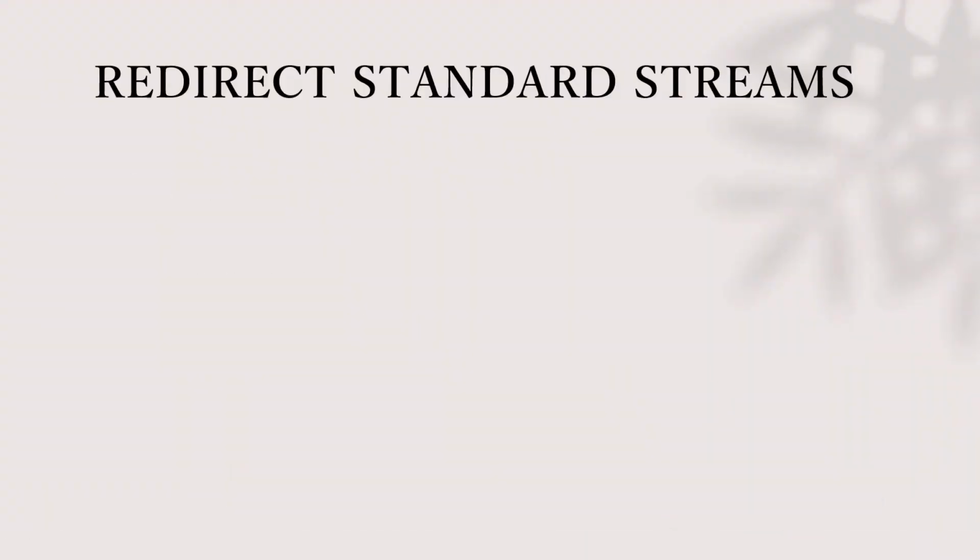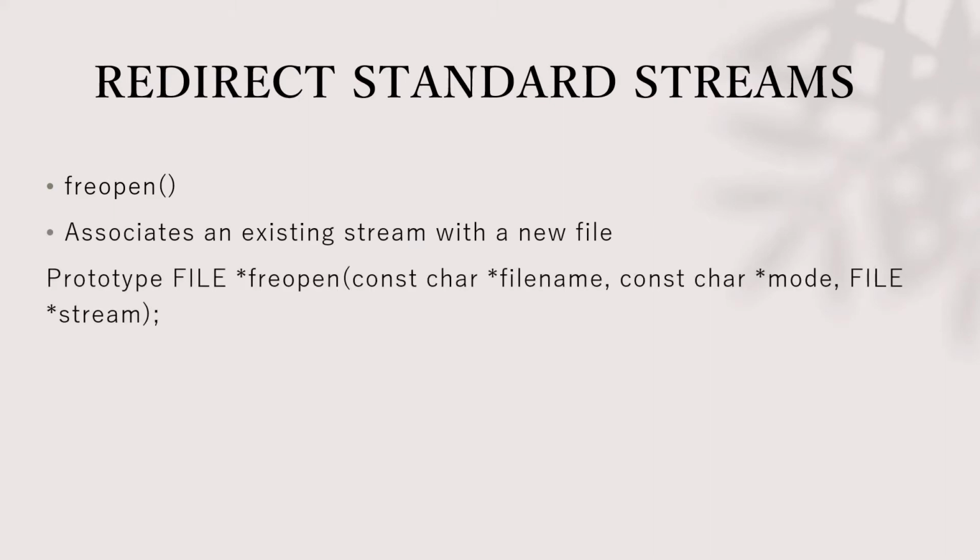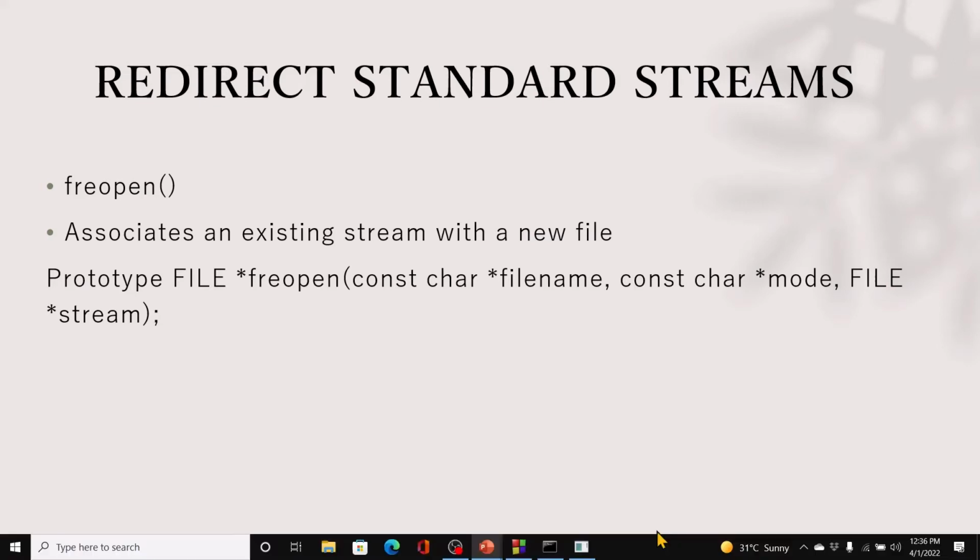Redirect standard streams. We can use the freopen function, and let's see how. This associates an existing stream with a new file. The prototype is returning a file pointer, as you can see, taking the file name as argument along with the mode, right? And the stream as well. So I just have a short program to demonstrate this.